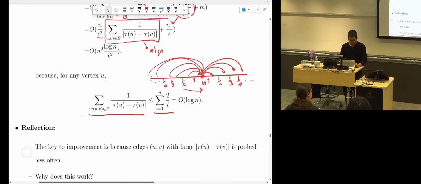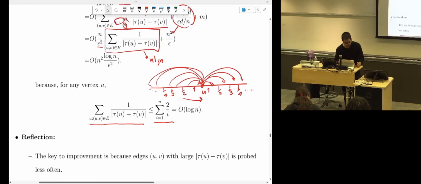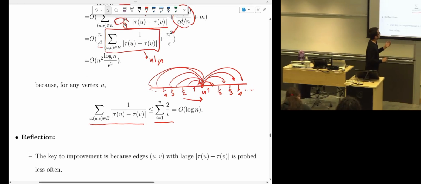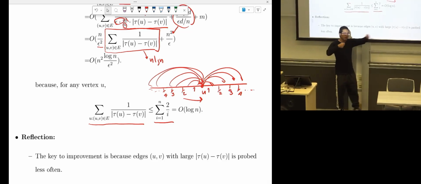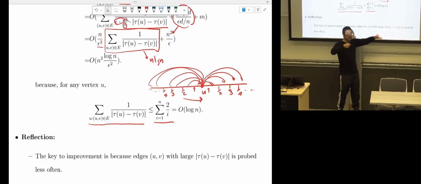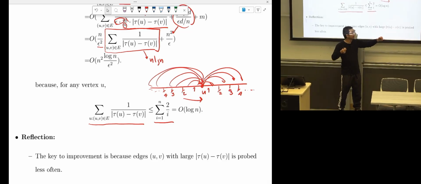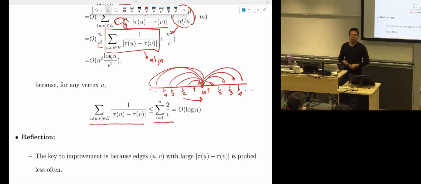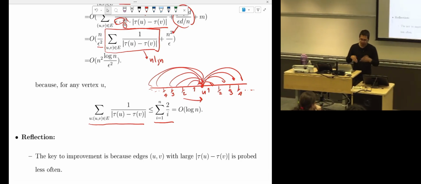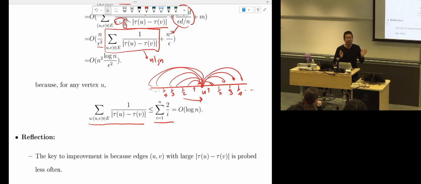All right. So you see that the key to improvement here is that when edges are far away in topological ordering, we probe them less. So the frequency of how much we probe each edge is different.